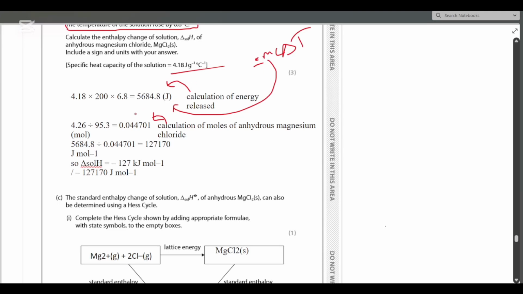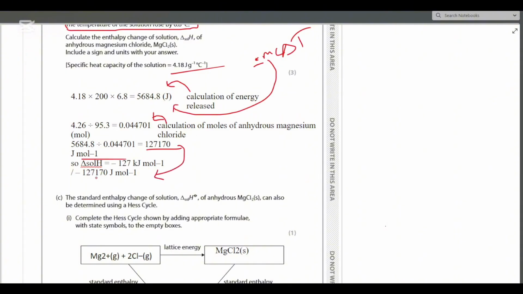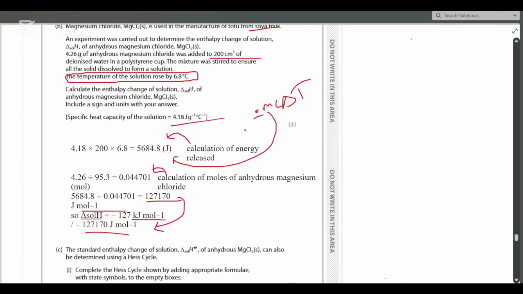After that, we divide the calculated energy released by the moles to find the enthalpy change of solution, which we can convert into kilojoules per mole. You can give the answer in either form, whatever you want. So that's how you find the enthalpy change of solution.